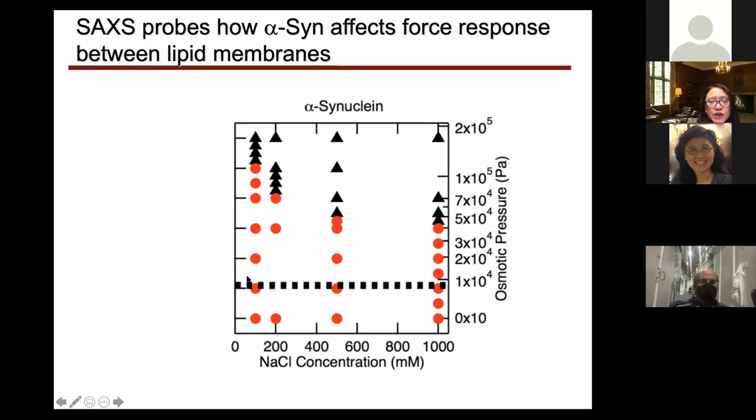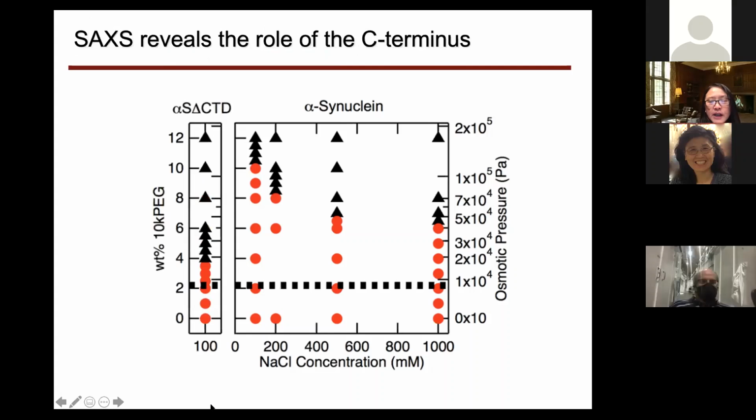And so if I were to just look at a particular vertical line at a given salt concentration, you would see a transition from the red dot to the black triangle, from an aggregated versus a non-aggregated state. What SAXS gives us is looking at the correlation peak, or the lack of it, as you are increasing the osmotic pressure in the system.